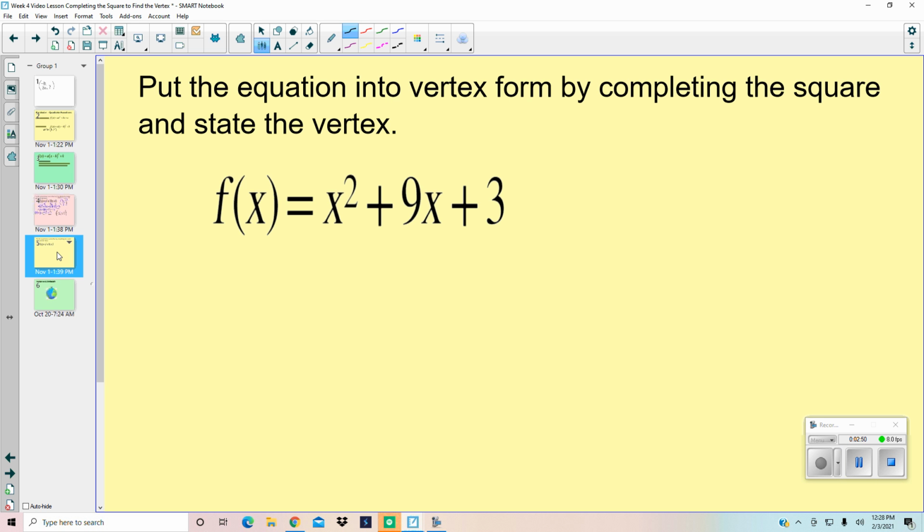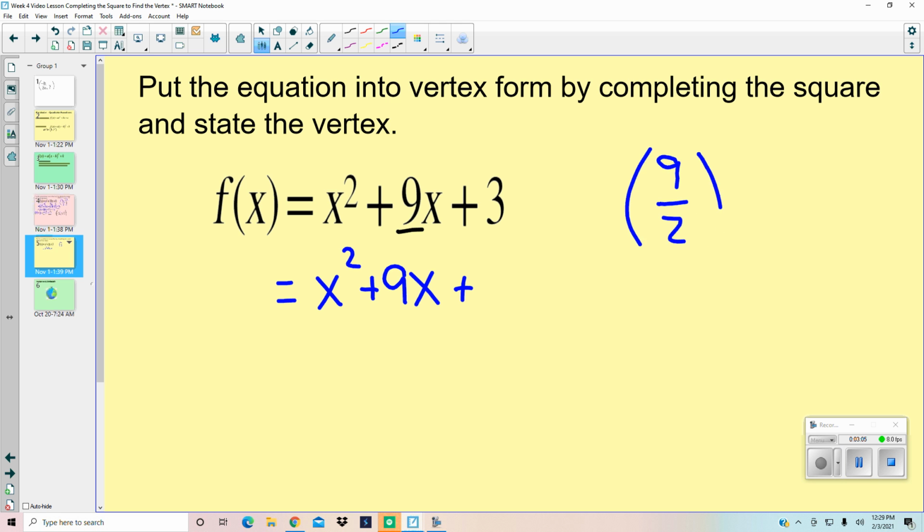It's a little bit trickier when that b value is an odd number, because then you have to deal with decimals or fractions. So when I rewrite this, I rewrite the first two terms. Then I take b divided by 2, so 9 divided by 2 squared. So that's going to be 81 over 4.